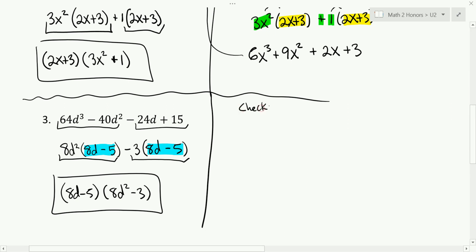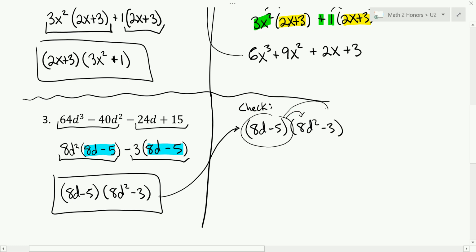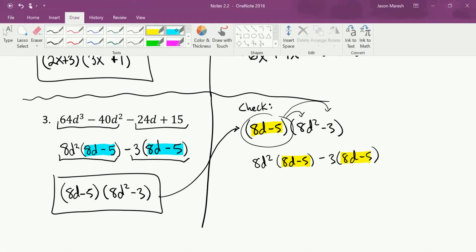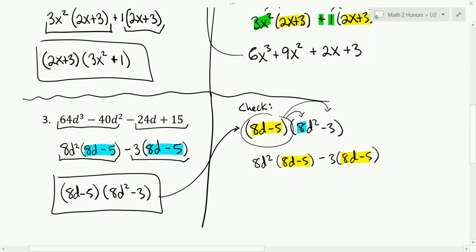Okay, make sure you check this. I'm expecting that you guys are doing everything I'm doing here. So we're taking the 8d minus 5 and distributing it to the 8d squared minus 3.